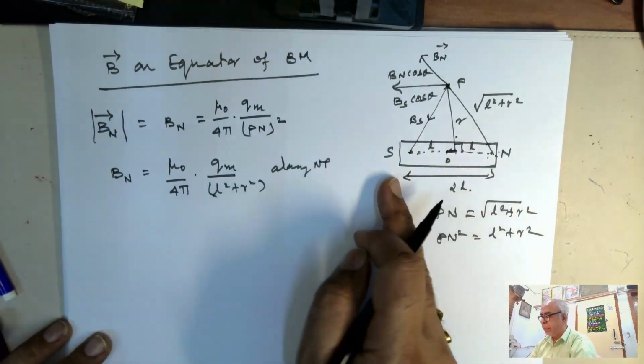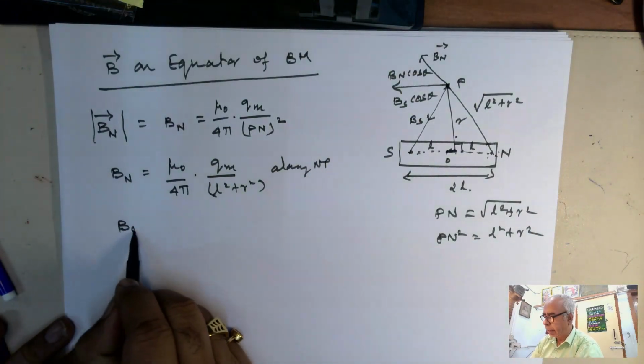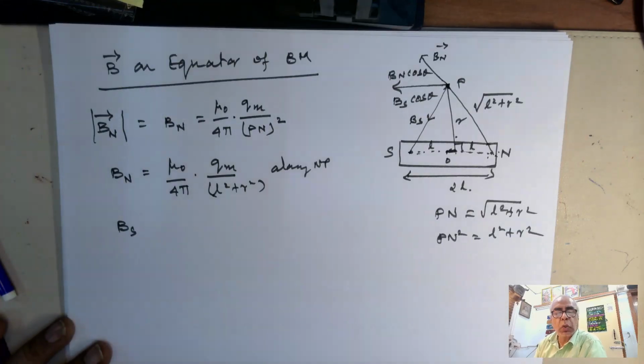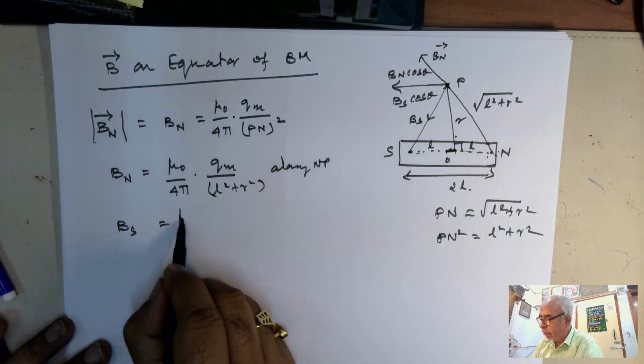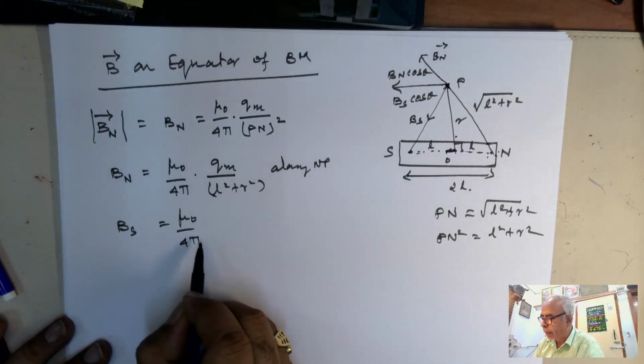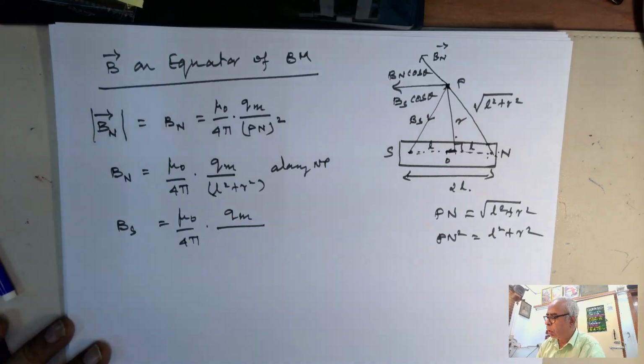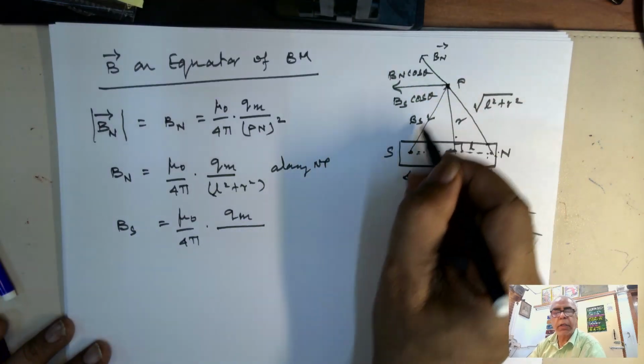And then along PS, that is Bs, magnetic field due to south pole, is given by mu naught divided by 4 pi into Qm divided by. Now we had to consider this.